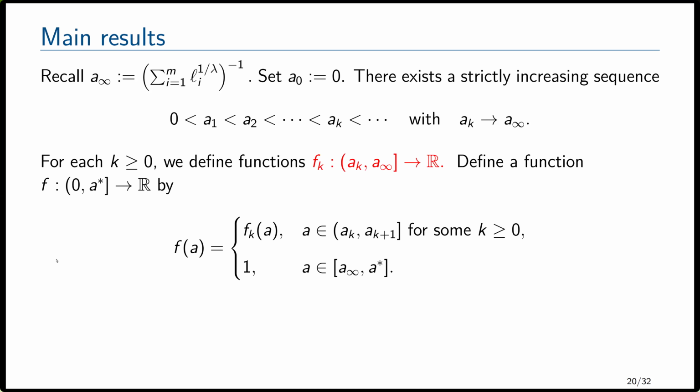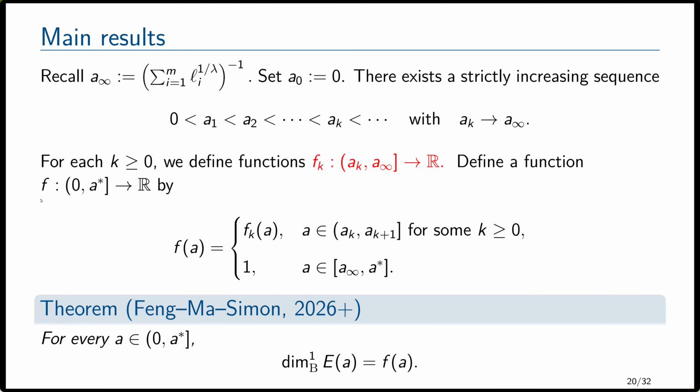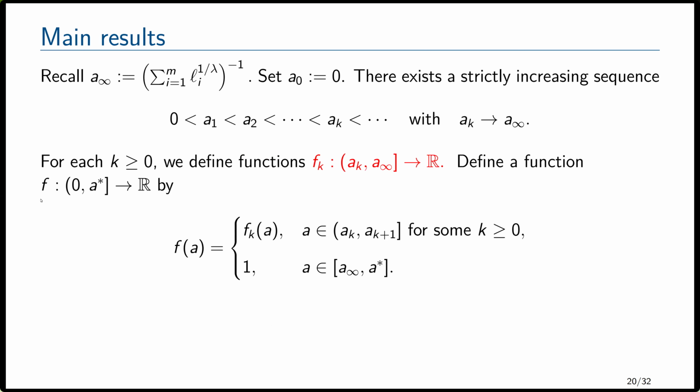I will give a precise definition of f_k later. Here we just need to know we have a sequence of functions, and the function f is defined pointwise, if A is in the small interval A_k. So we have a sequence A_0, A_1, ..., A_k, infinity, and A star.